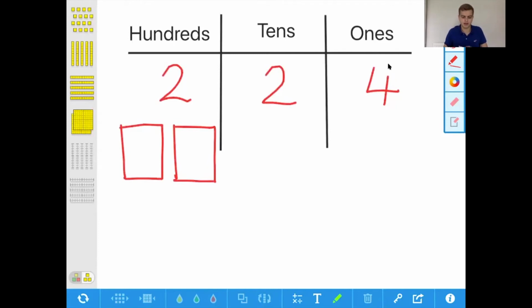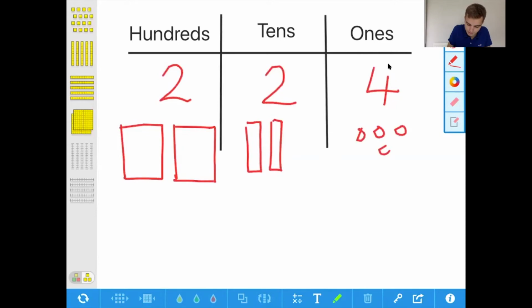So I can see the digit 2 is in my tens, so I need 2 lots of 10. And I can see the digit 4 is in my ones column, so I need 4 lots of 1. See if you can draw that for me. Well done. So my tens, 2 sticks of 10. How many ones? 4. Fantastic. Let's draw those. 1, 2, 3, 4.